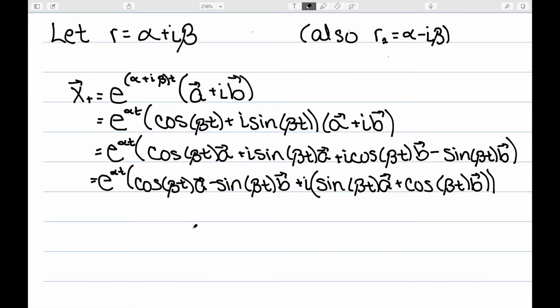And here we have our actual solution. I'm going to call this first piece, the real piece, x plus 1. And then this imaginary piece right here, I'm going to call x plus 2, just for simplicity.